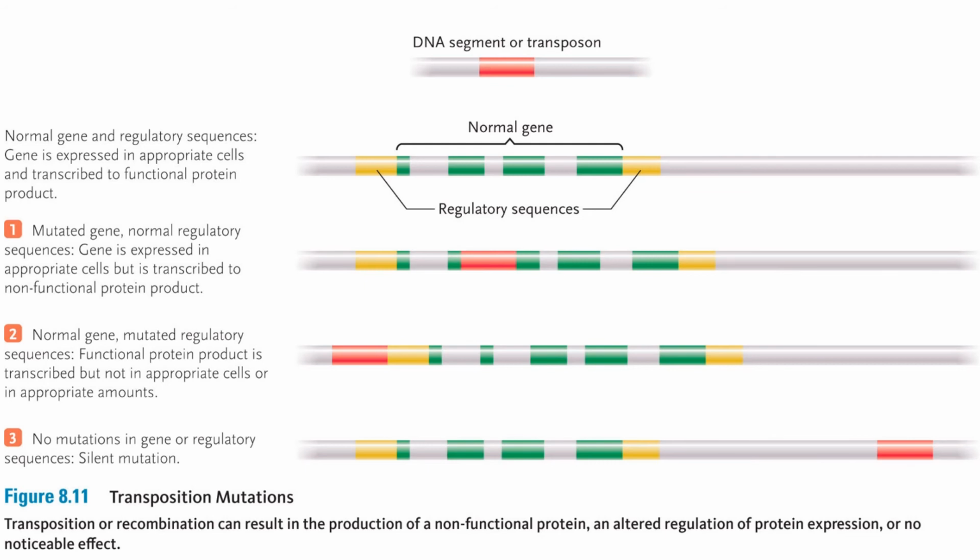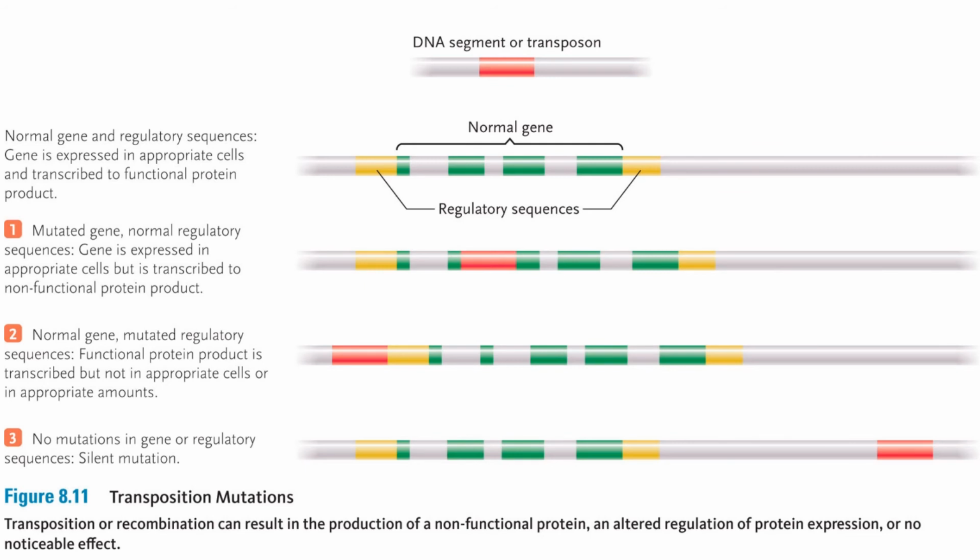Just as our reference point here, we have a normal gene flanked by our regulatory sequences. And again, this is going to determine how often this gene is expressed. Now, if that transposon ends up within the gene, then we've mutated the gene without altering the regulatory sequences.